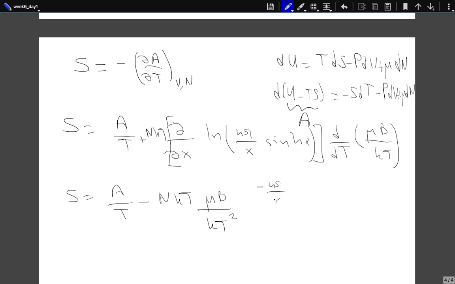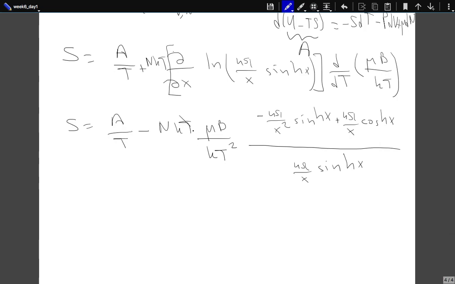This is minus 4 pi over x squared sine hyperbolic x plus 4 pi over x times cosine hyperbolic x divided by 4 pi over x times sine hyperbolic x.